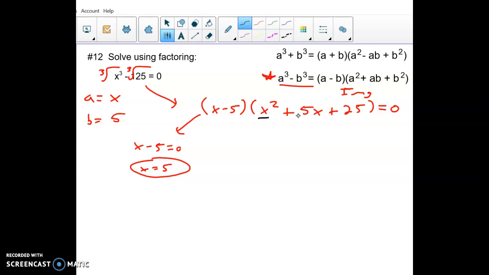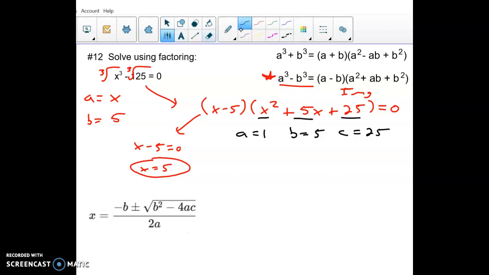So we're going to solve just this thing. a is now going to be 1, b is going to be 5, and c is going to be 25. When I do quadratic formula, I always do this b squared minus 4ac part first. So I'm going to do 5 squared minus 4 times a times c. So 25 minus 100, negative 75.